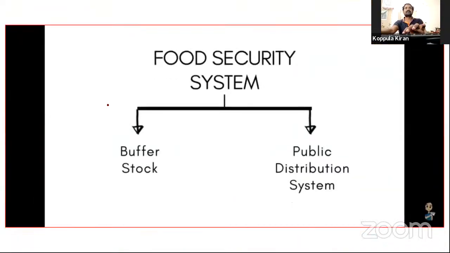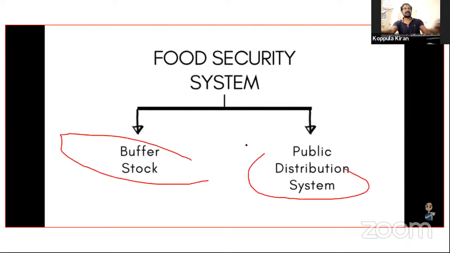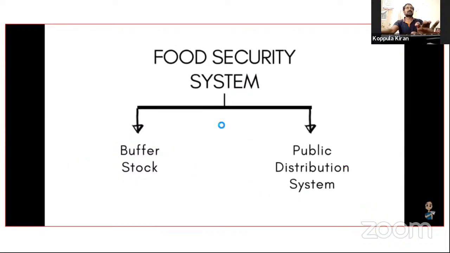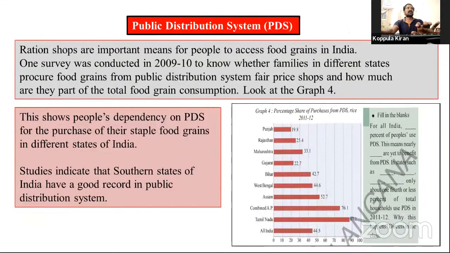Then we should provide food security. What is a food security system? We can discuss both of these: buffer stock and public distribution system. Let us see the public distribution system. How can we get subsidized food grains from the government?